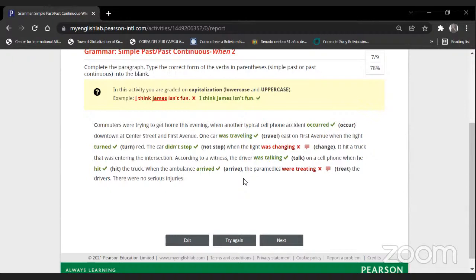So first the ambulance arrived and paramedics were treating, so they were in progress. They started treating, no, right? So the ambulance arrived and paramedics treated in that moment. Both started and both finished, right? So let's correct it there.